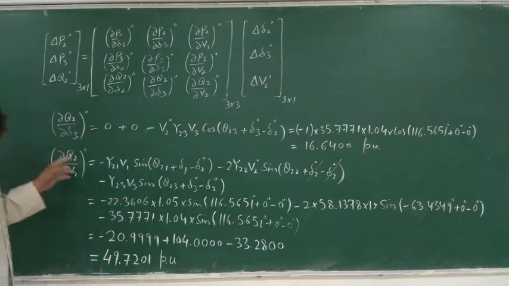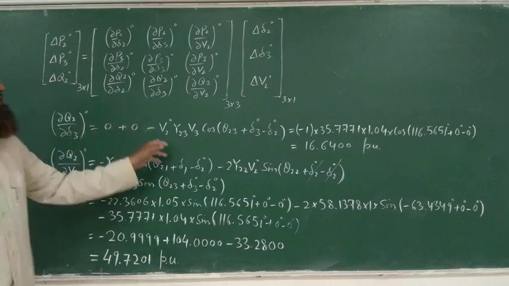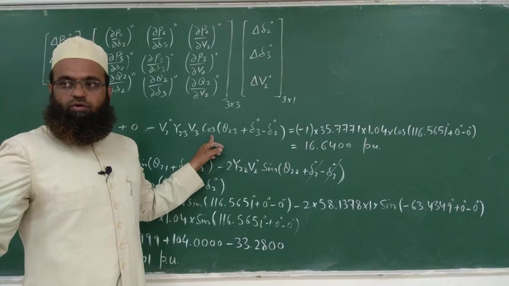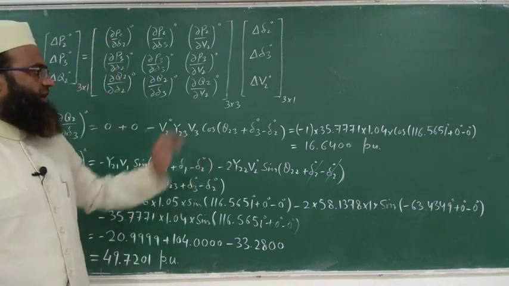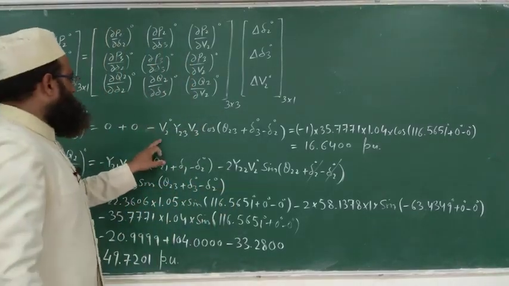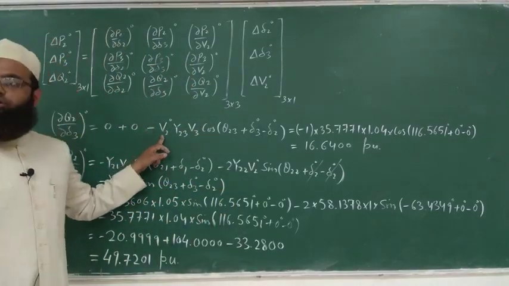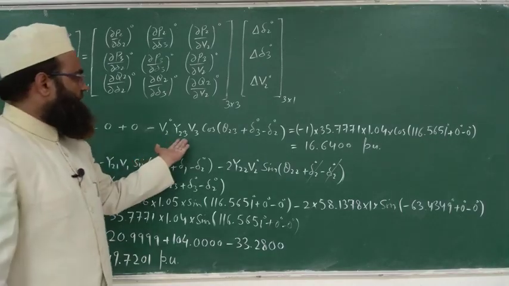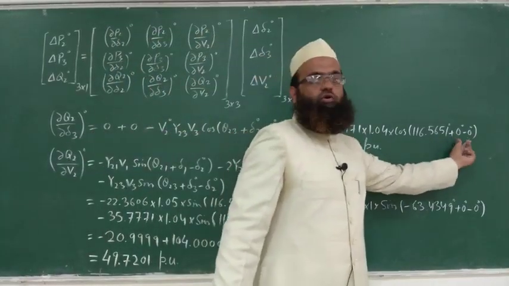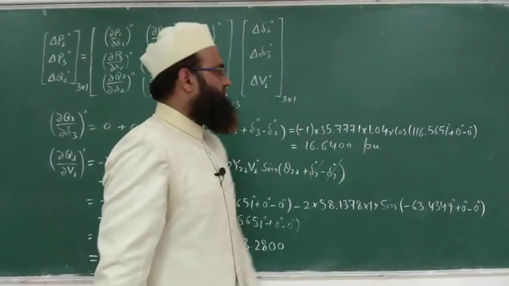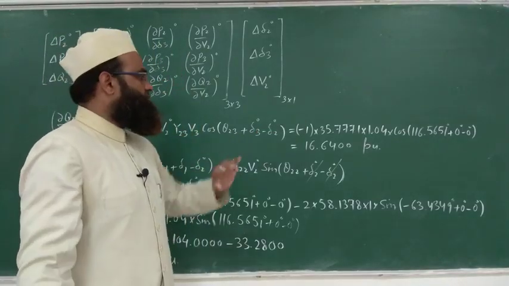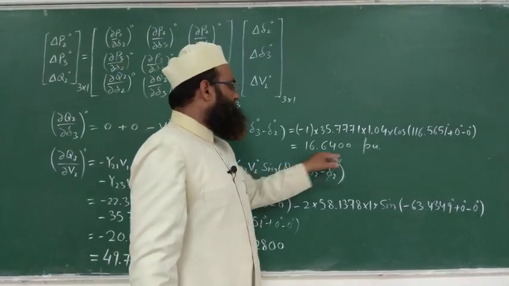After differentiating Q2 with respect to delta 3, you will get this. There was sine in Q2, so it will become cosine. After substituting the values of the variables, this is V2 0, this is minus sign, so minus 1, assumed as 1 per unit. Other specified parameters, these two variables are initially assumed to be 0, that's why we substitute 0 0. In later iterations, whatever values are obtained, you have to substitute those updated values of the variables. This way we are getting 16.6400 per unit.